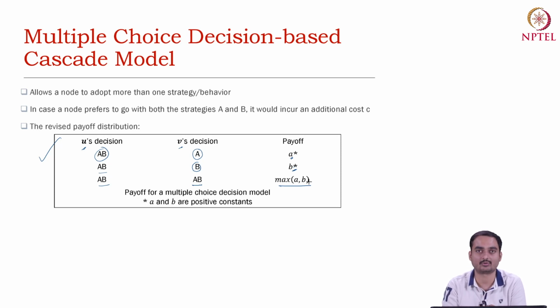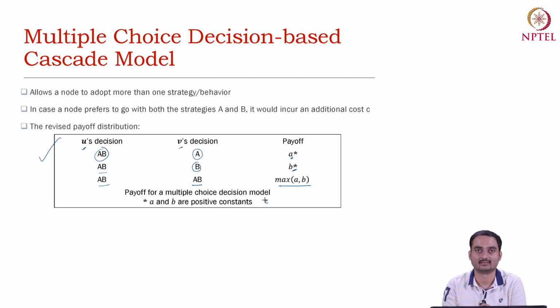But an important point to note is that when you choose both A and B, you will incur some additional cost. This cost is c, small c. This cost can be in terms of additional money, or additional bandwidth that you need to use when you use both A and B, and so on.